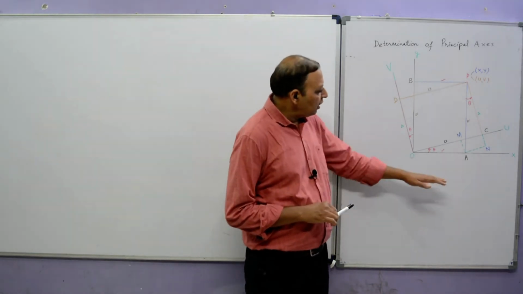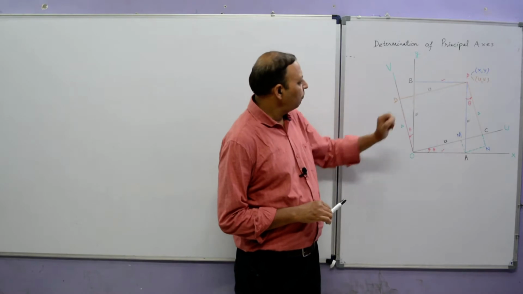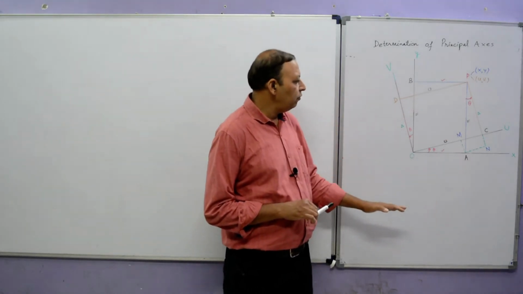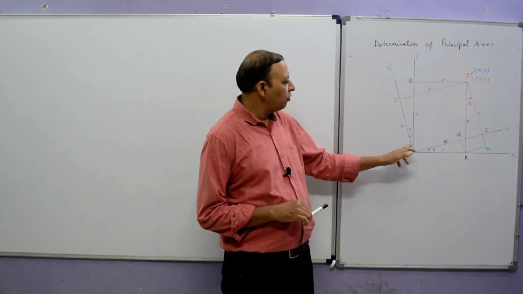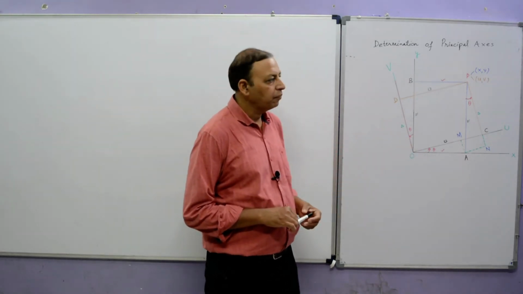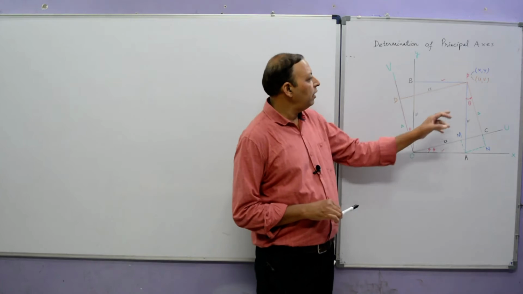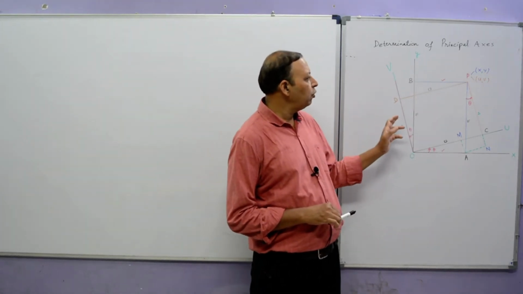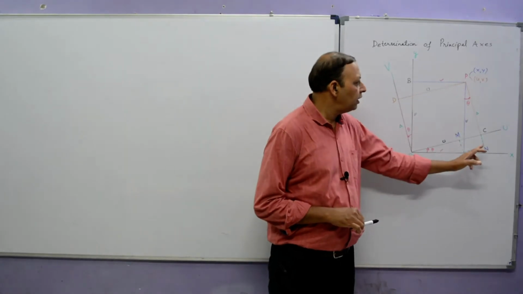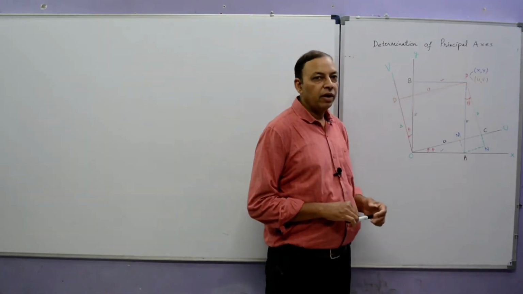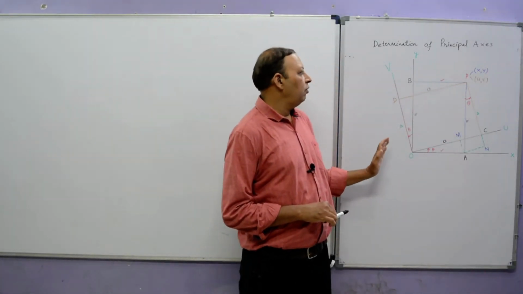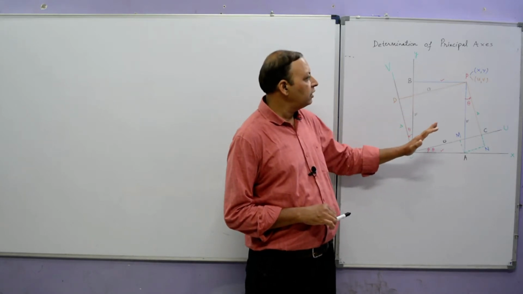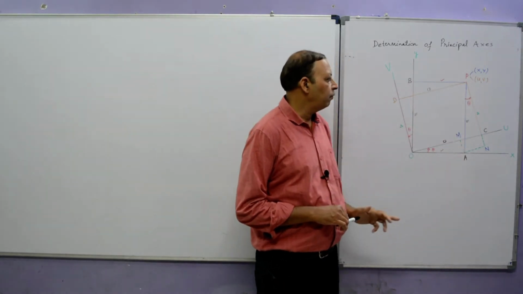The original set of axes is x and y, and the new set of axes is u and v, which is rotated anti-clockwise through an angle theta. Now we have an elemental area P. Its coordinates with respect to the original set of axes x and y are x and y, and its new coordinates with respect to the rotated axes are u and v.